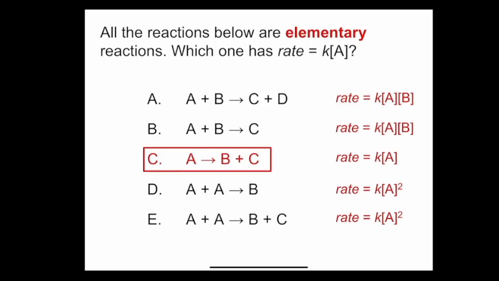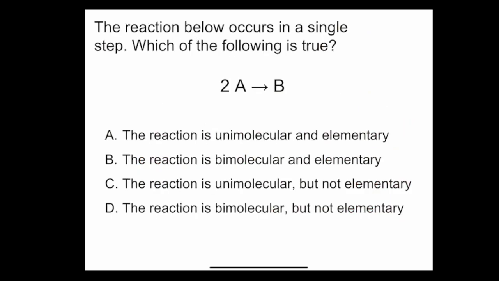Good. So again, if you're dealing with elementary reactions, it gets much simpler. Now look at this one. Sorry, the reaction below occurs in a single step. What do we mean when we say that? If the reaction below occurs in a single step, what are we telling you? It's an elementary step, exactly. So, which is true?